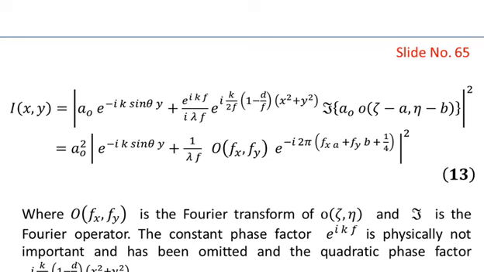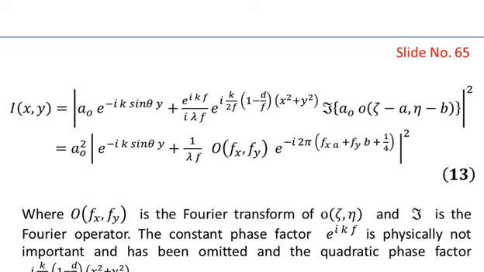And then we have the Fourier transform of the object beam, that is the beam passing through the object. The amplitude of the plane wave is A0, which illuminates the object, and the object is shifted to the coordinates a and b with respect to the center of the lens. So we have O at the coordinates zeta minus a, eta minus b. So you see that we have taken the factor A0, which is common in both terms.